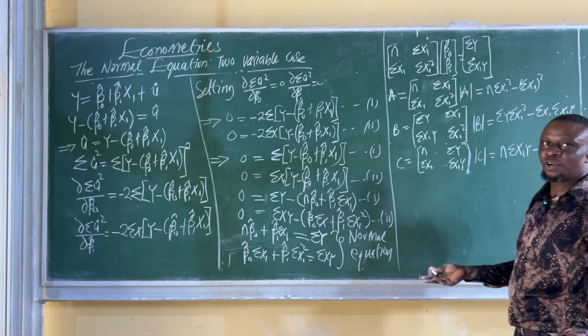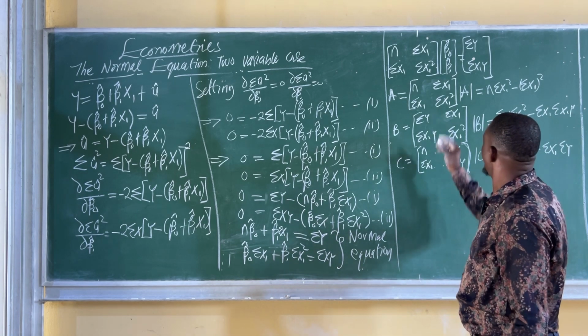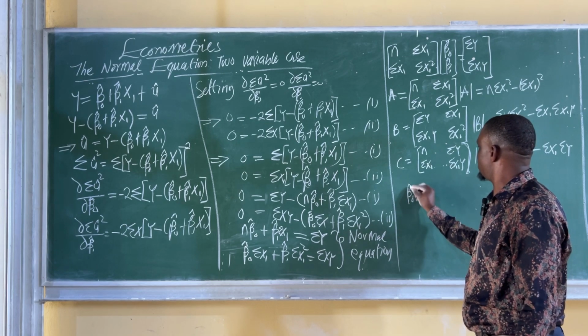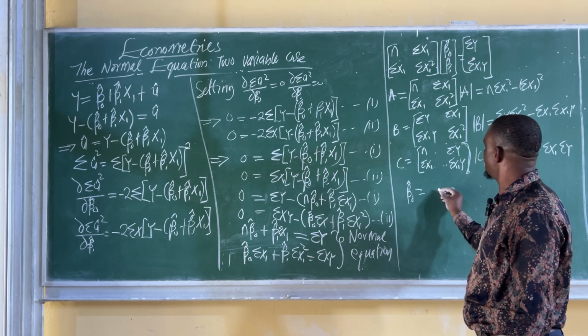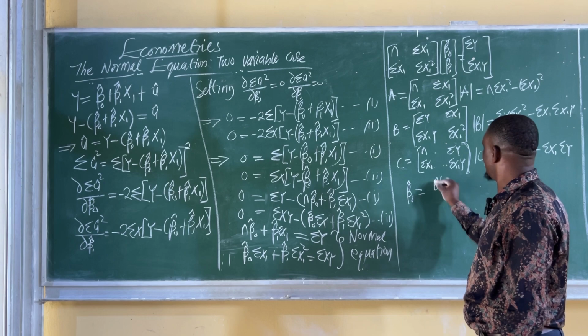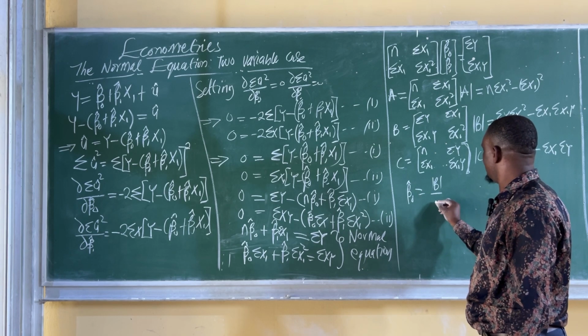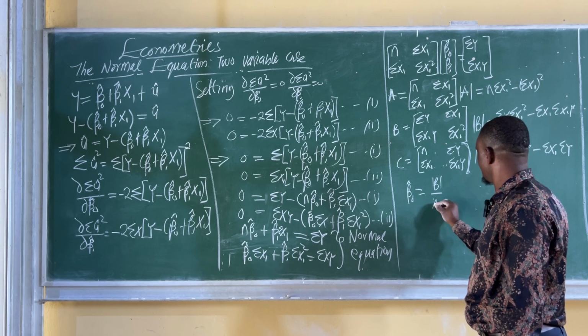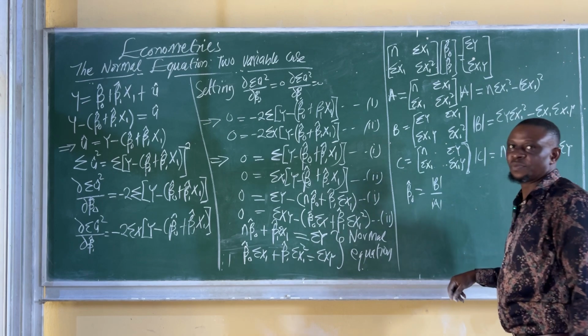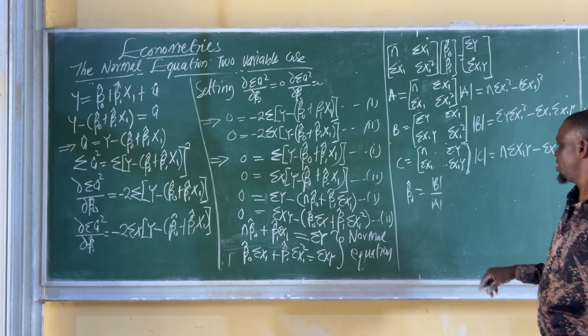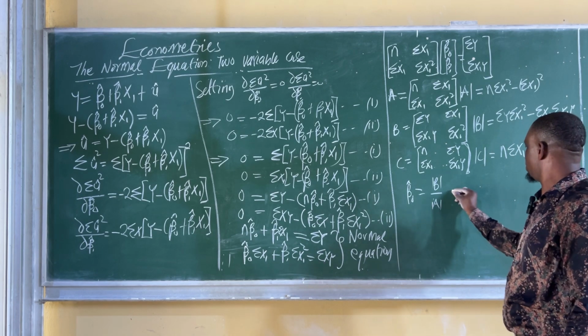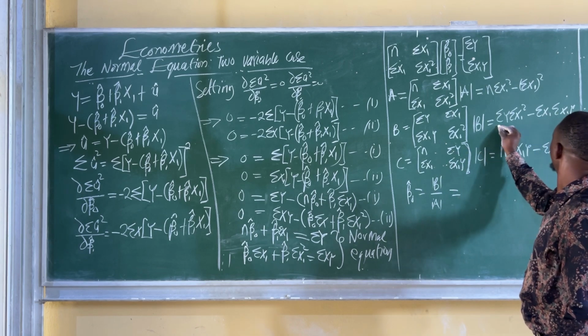Now, the general formula is that our beta 0 hat is equal to the determinant of B all over the determinant of A. Which is equal to, look at our determinant of B here.